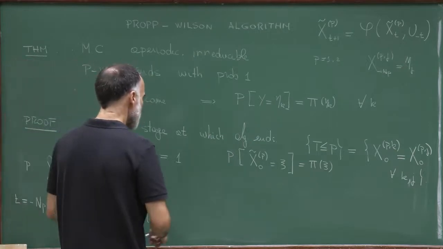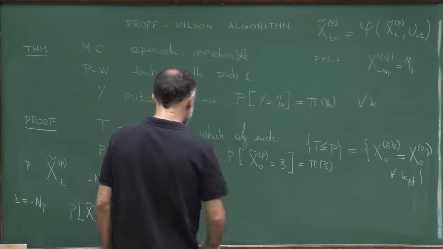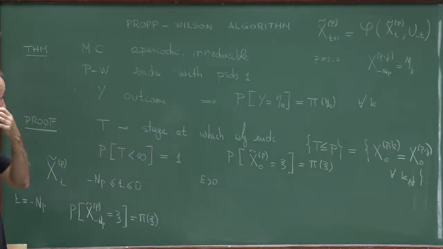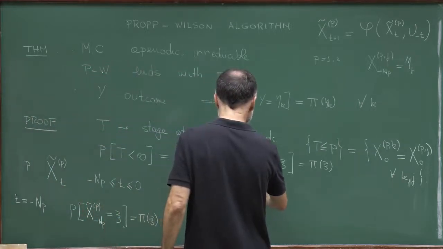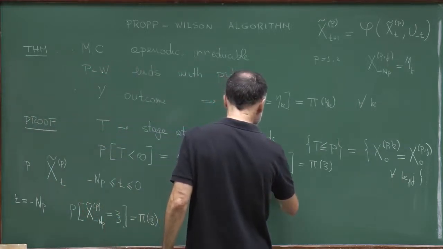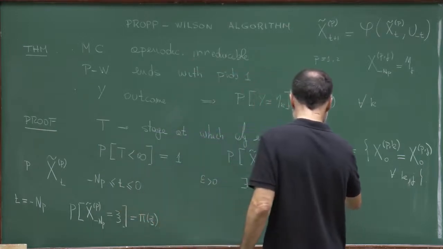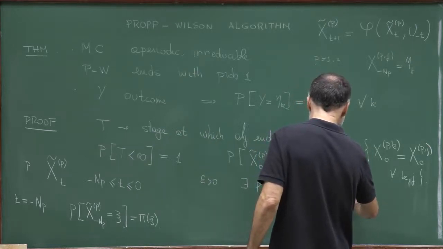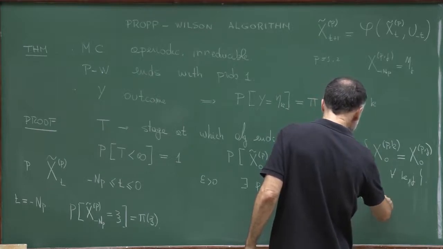Now, let me fix an epsilon positive. Since this probability is equal to 1, this means that I can find a p finite such that the probability that T is less than p is larger than 1 minus epsilon.